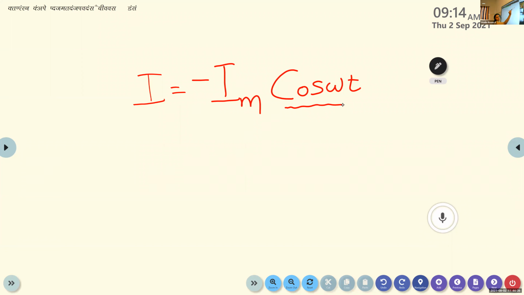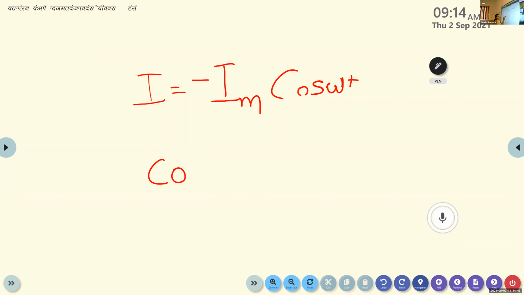So we need to convert this cos omega t in terms of sine omega t. And in trigonometry, you may have studied what is cos theta.